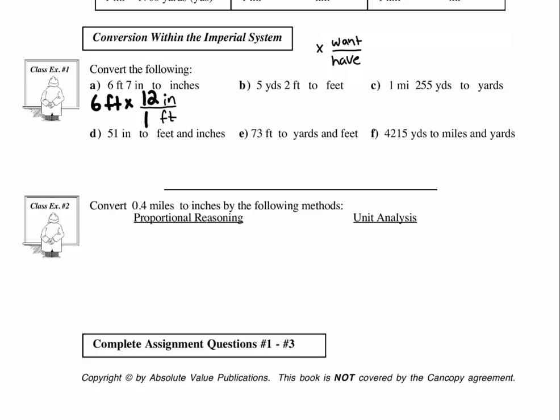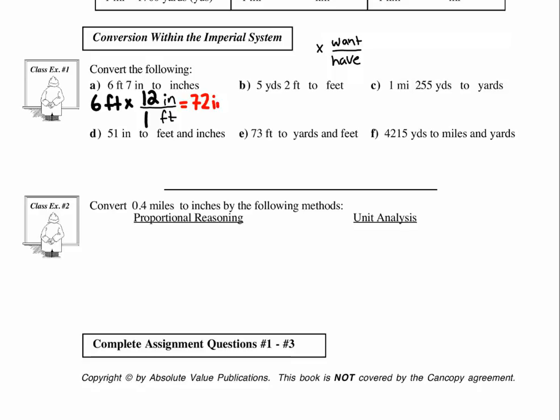So when you multiply this, you're going 6 times 12 divided by 1. Do you really have to type in divided by 1? No. You're really just going 6 times 12. Right? Anything divided by 1 is itself. So 6 times 12 is 72.